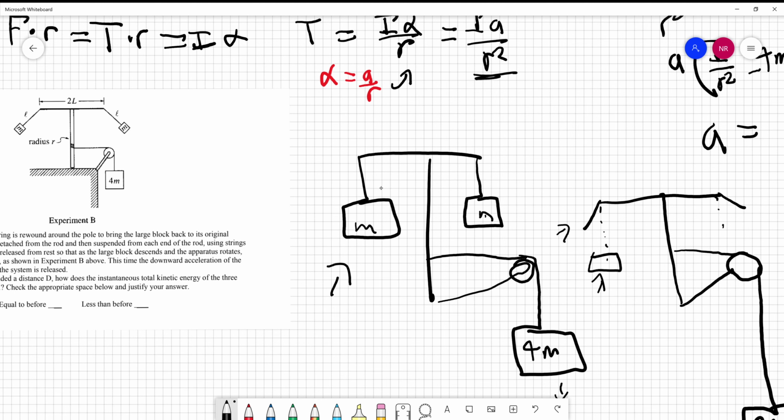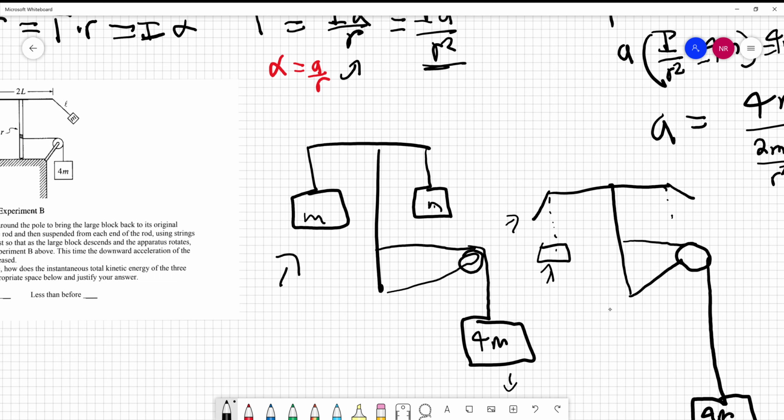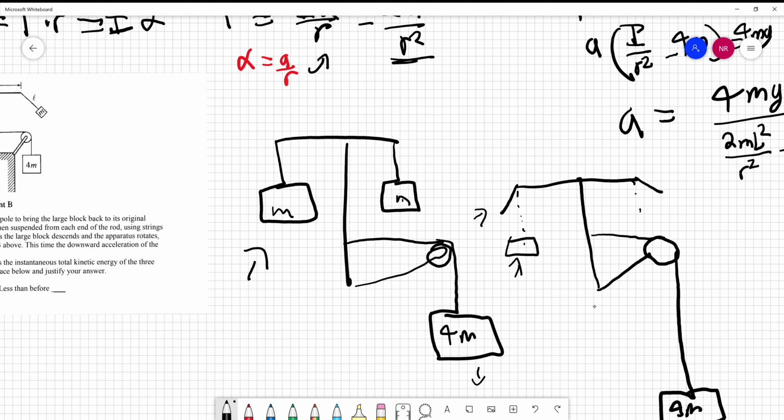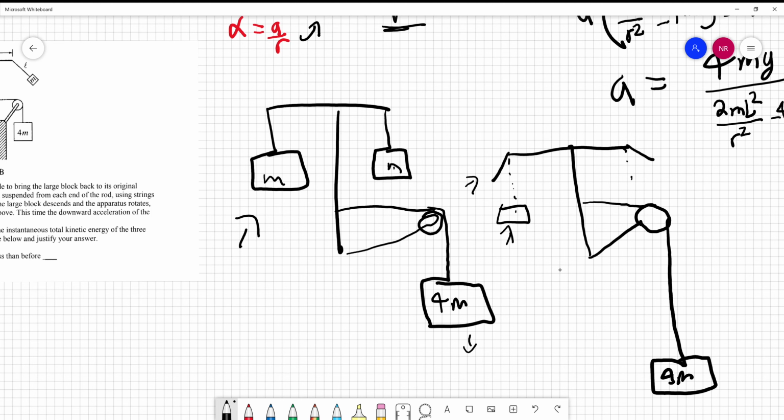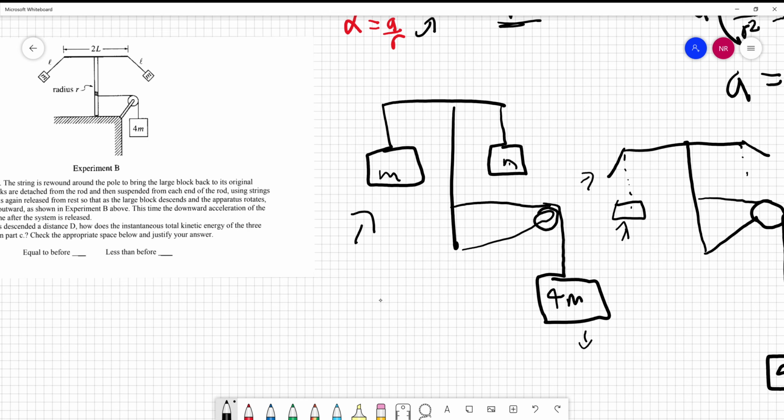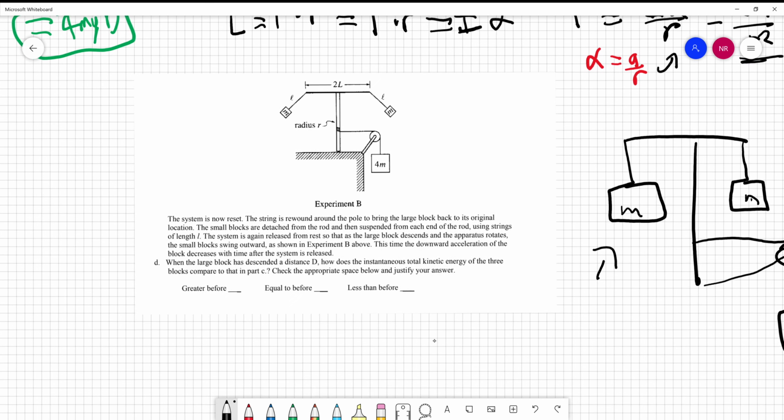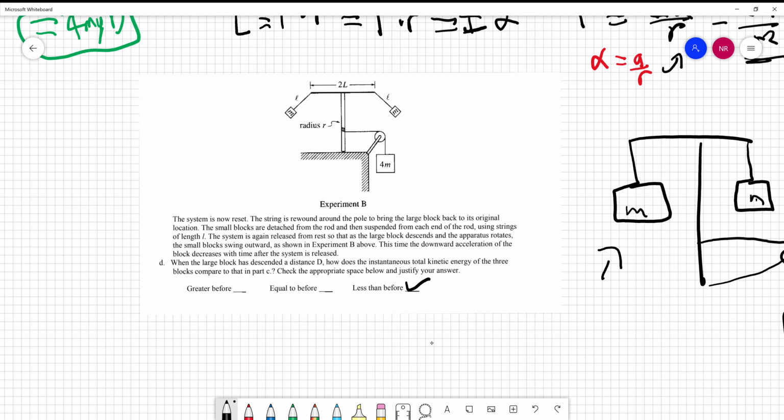So since there is an increase in potential energy of these blocks, the rotational kinetic energy will actually be smaller because we have to conserve the total energy. So since there is potential energy added, there won't be as much rotational energy. So it'll end up actually being less than before. Less kinetic energy.